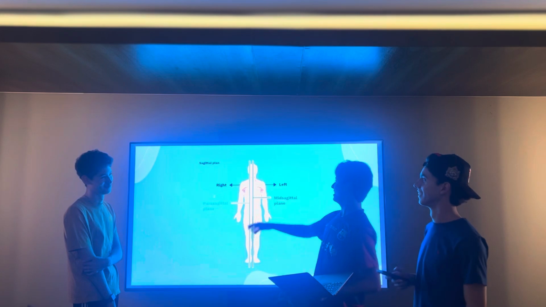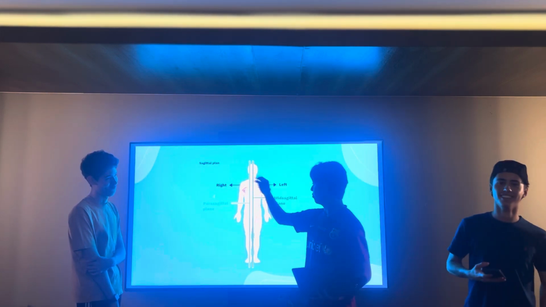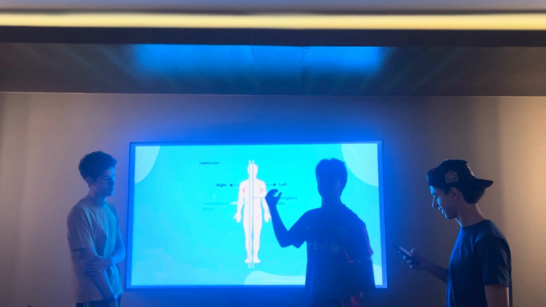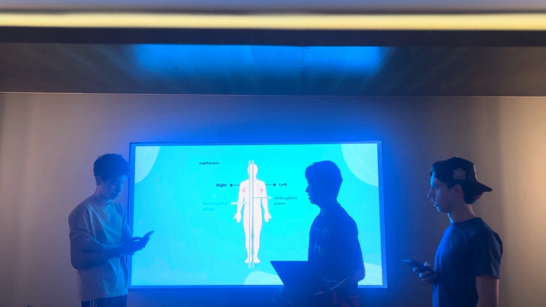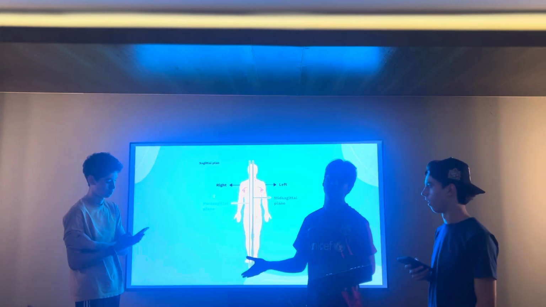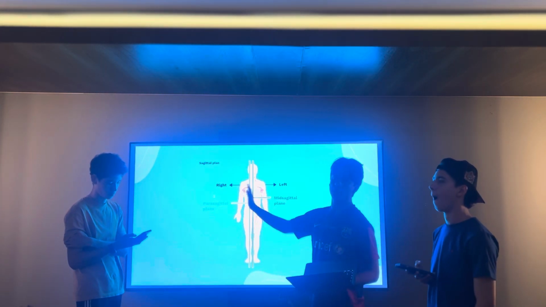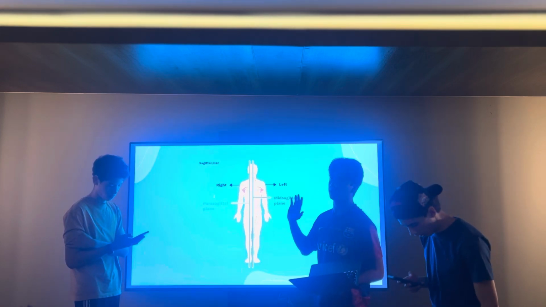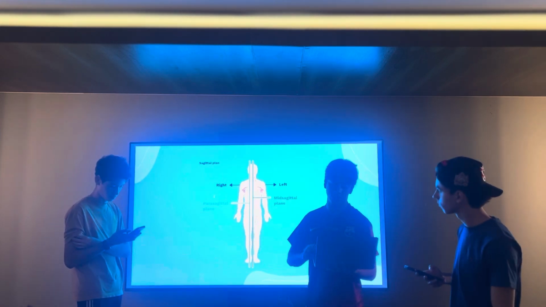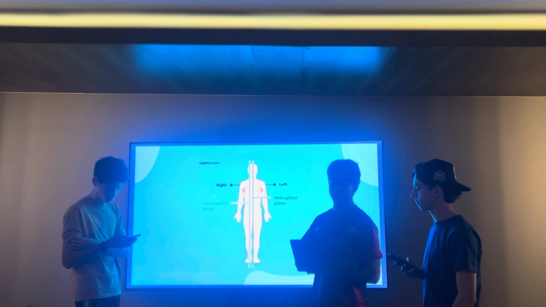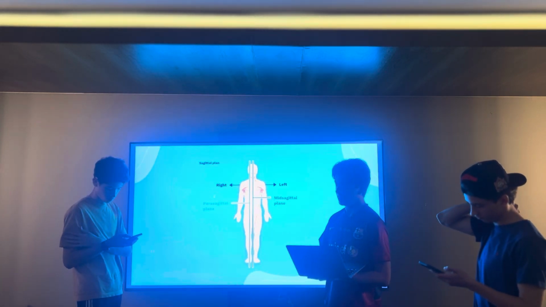The sagittal plane divides the body into right and left sides. This hasn't much to explain. It's the same on both sides, just one is right and the other one is left. But there are two specific types of sagittal plane.